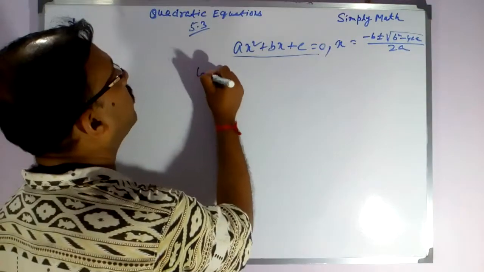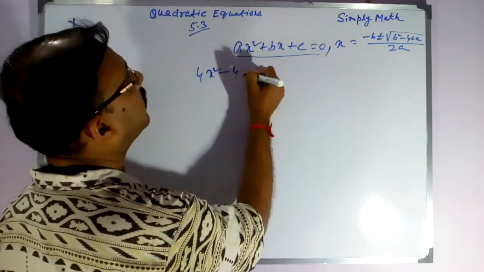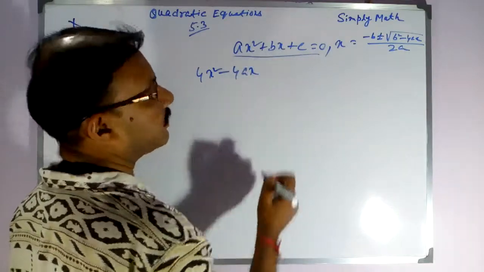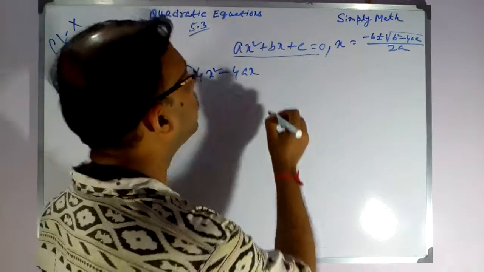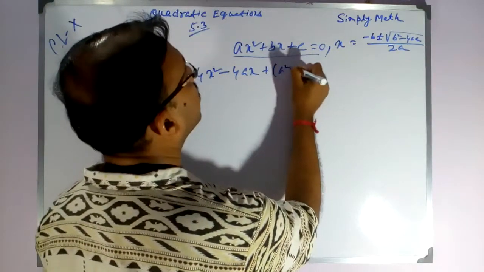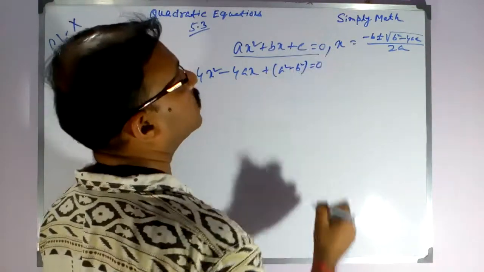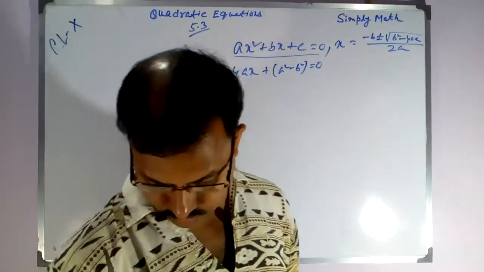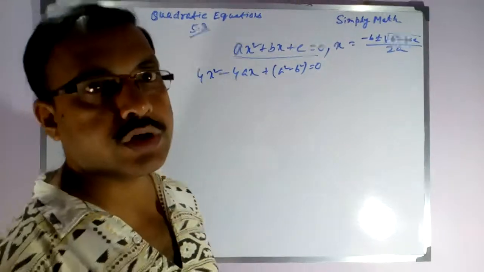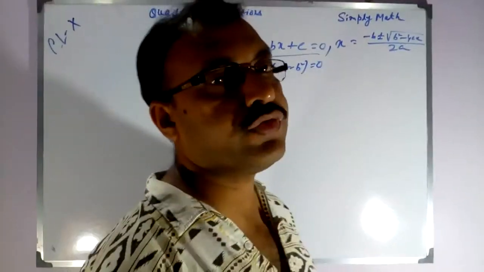Here is one problem: 4x square minus 4ax plus a square minus b square is equal to 0. We need to find the solution.